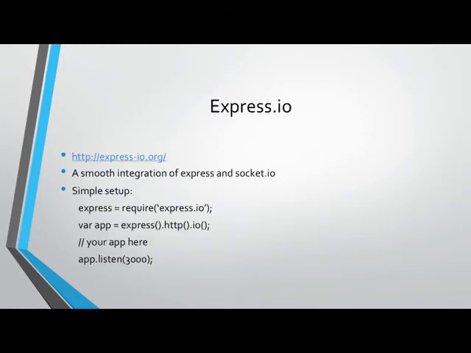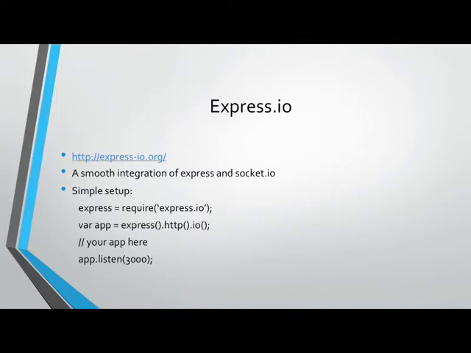And then express.io was something I used to cheat a little bit. This was one of the first times I did a really big JavaScript project, really the first time writing a lot of JavaScript at all. So I'm trying to tackle a new language and a new server framework and a new MVC framework, and you start to see this stuff pile up.